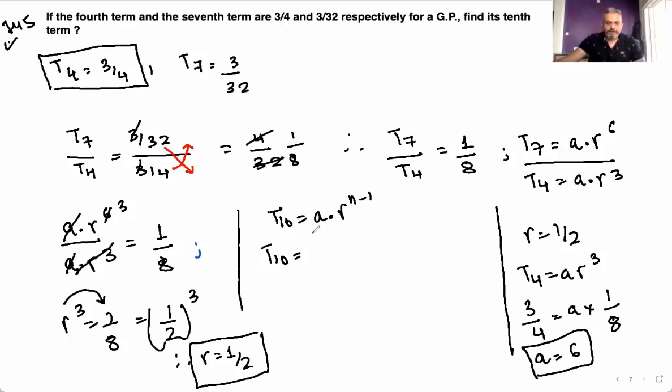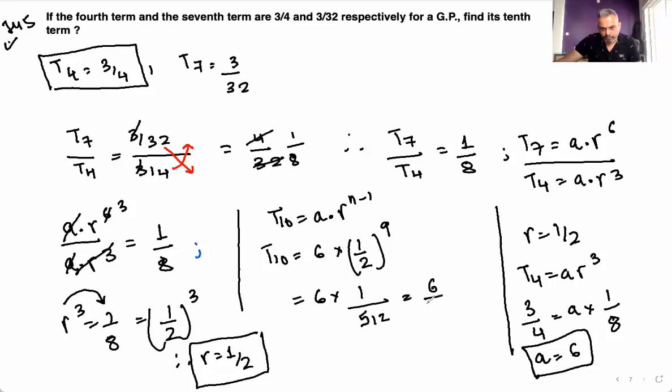Now we have to find the 10th term. So which is 6 into r, which is 1 by 2 raised to 9. 10 minus 1, 9, which is equal to 6 into 1 upon 512, which is equal to 6 upon 512, which is equal to 3 by 256.